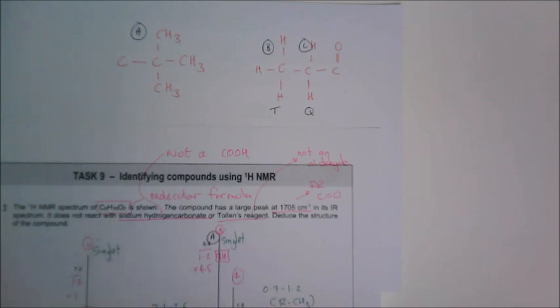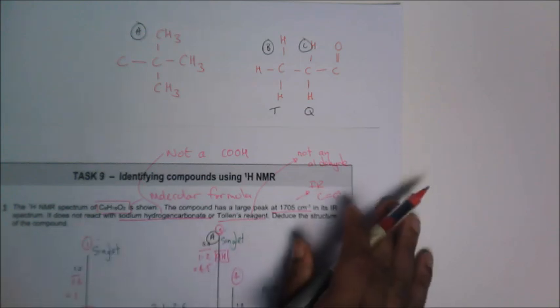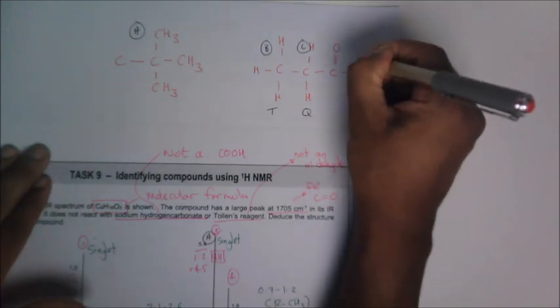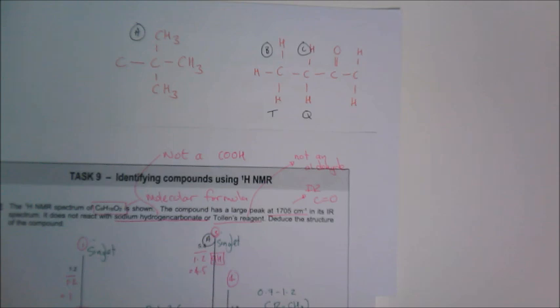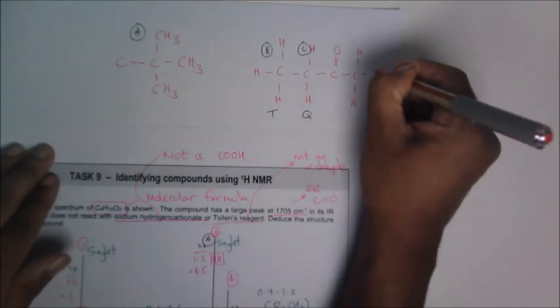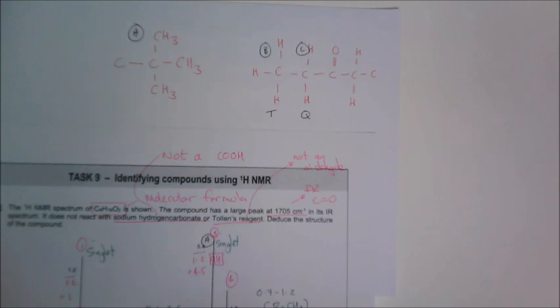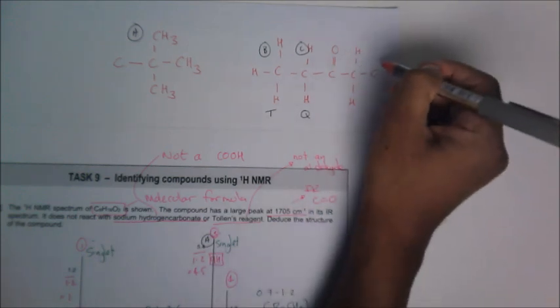So these two hydrogens can't be next to any other hydrogens, and they're both in the same proton environment. So essentially we're looking at another carbon with hydrogens, but this carbon has to be next to no other protons. We can't put another proton here.